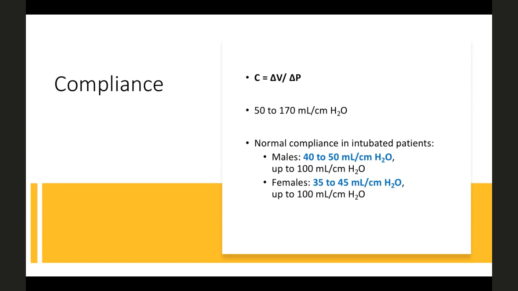That means for every centimeter of water pressure change, there will be a volume change of around 50 to 170 mL. Once you get the patient intubated, things are slightly different. For males, the value comes to 40 to 50 mL per centimeter of water, and for females, 35 to 45 mL per centimeter of water.